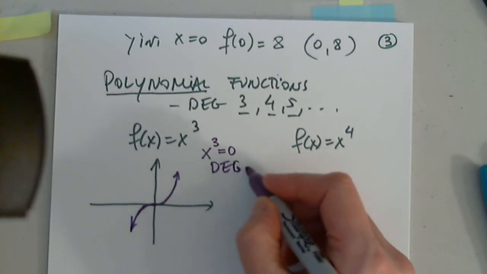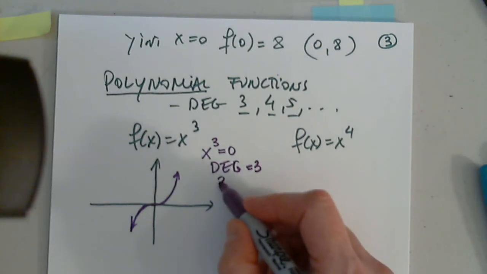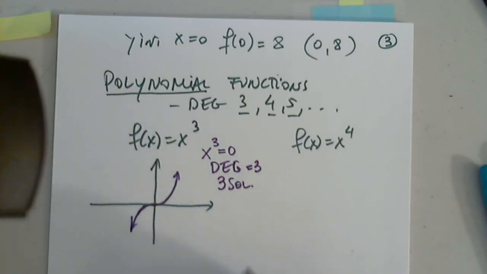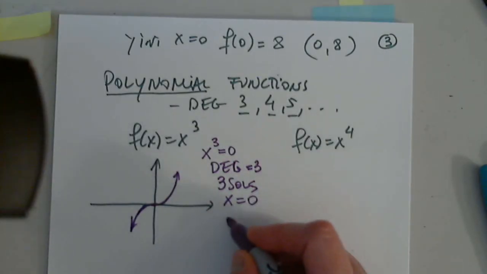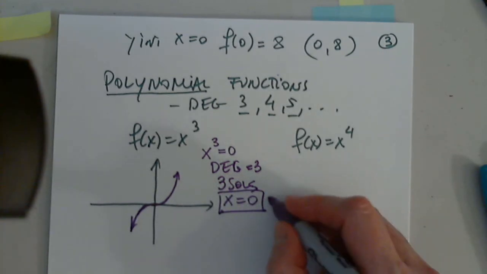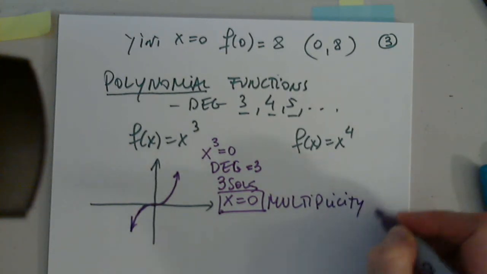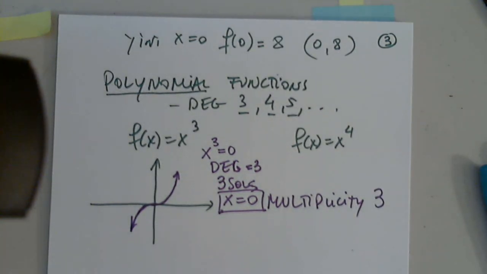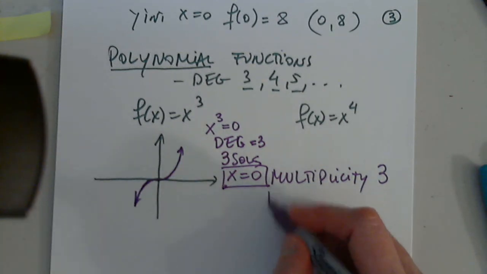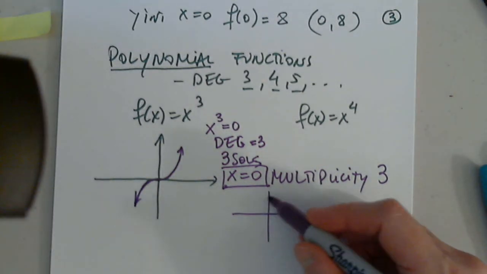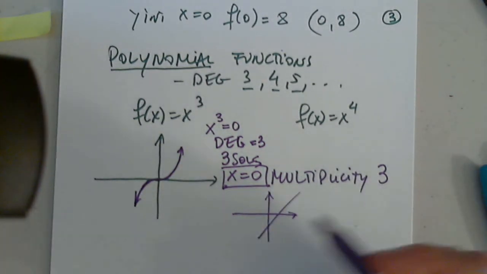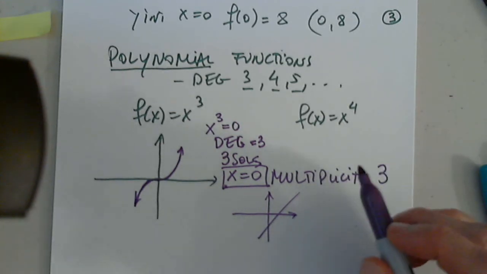Because the polynomial has degree 3, I have to have 3 solutions for this equation. So I get x equals 0 three times. We call that multiplicity 3.